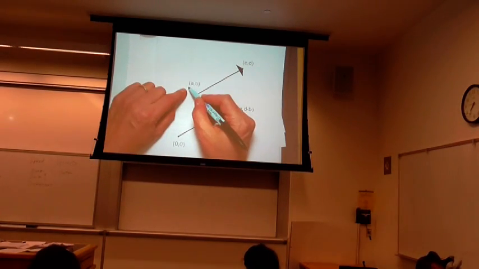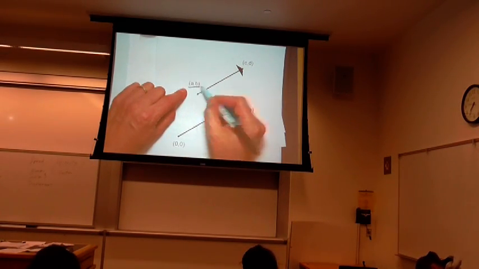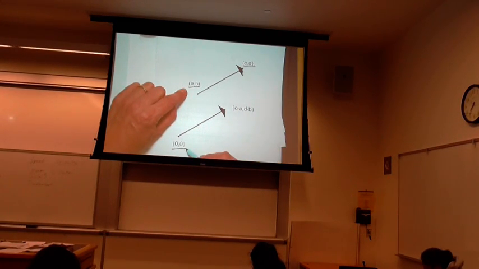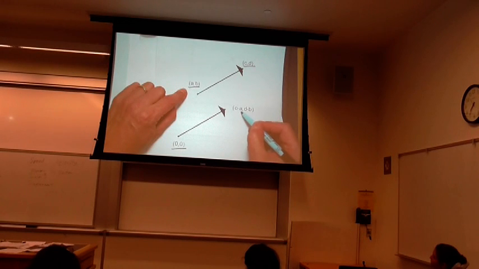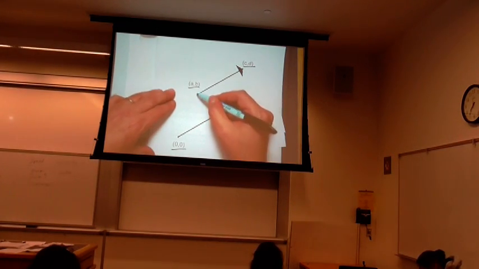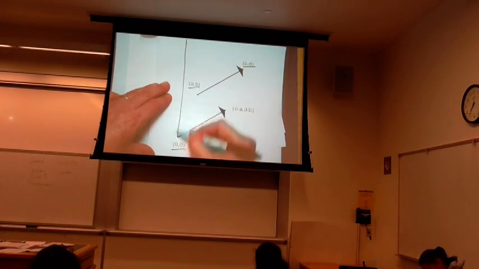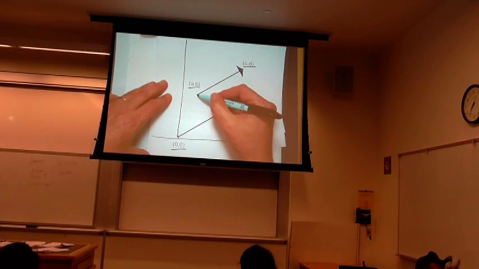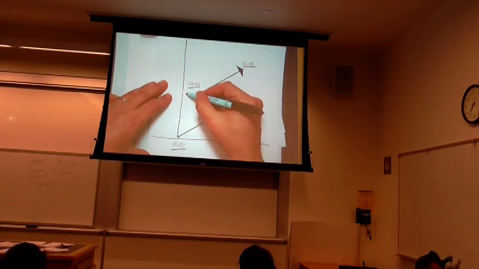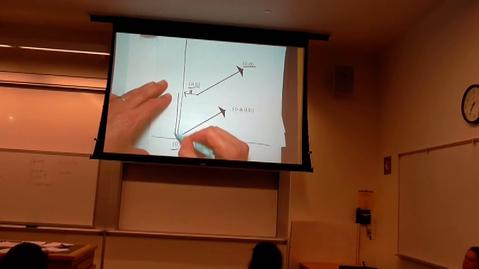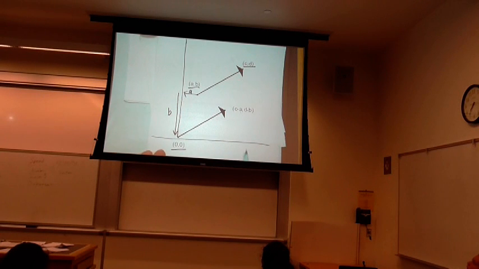If you have a vector that goes from AB to CD, it's the same vector that goes from 0, 0 to C minus A and D minus B. So I'm just subtracting the coordinates, or if you like, you think, here's my axis, and what I'm doing is I'm moving this over A in the x direction, and then I'm moving it down B in the y direction.